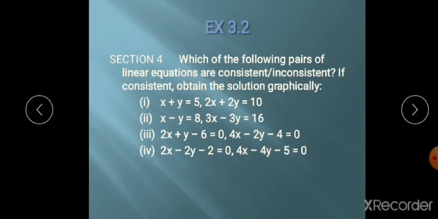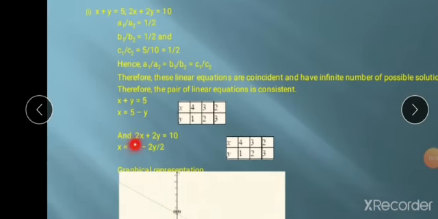If A1 by A2 is equal to B1 by B2 is equal to C1 by C2, it is also consistent, it is coincident lines. Only one condition is inconsistent, that is parallel lines: A1 by A2 is equal to B1 by B2 but not equal to C1 by C2.